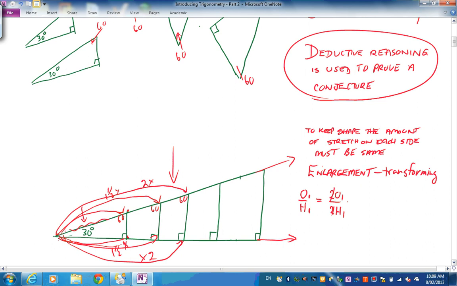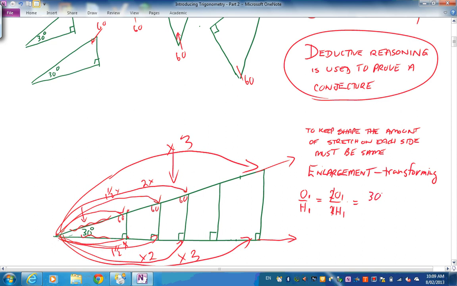So even if you take it way out to the big one, which is about tripling this side and tripling that side, so all the sides are tripled to keep the shape, then the ratio of the opposite over the hypotenuse: the opposite has tripled, and so has the hypotenuse. Hey, I think we just proved it.